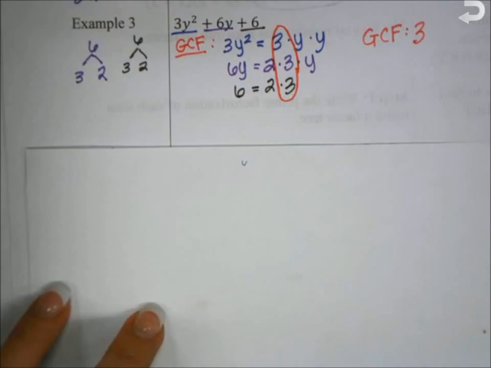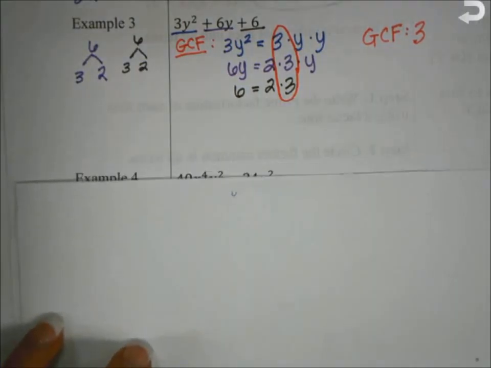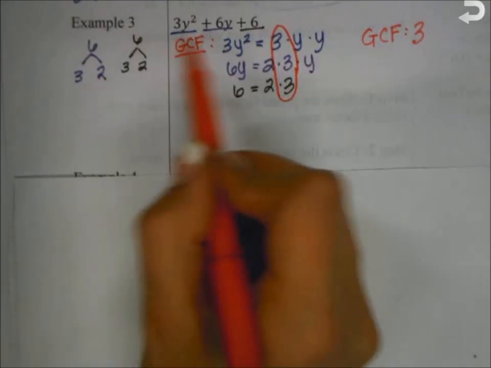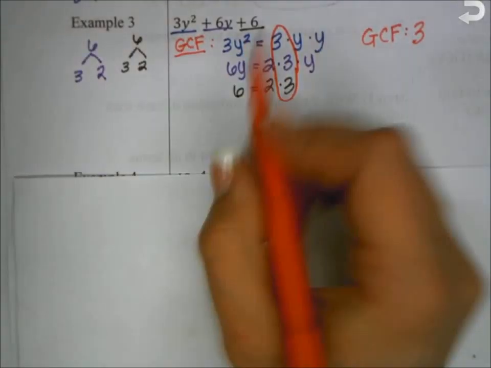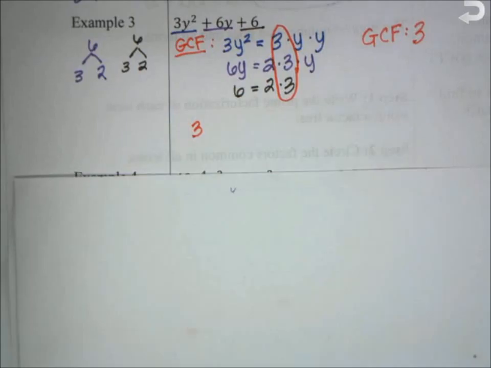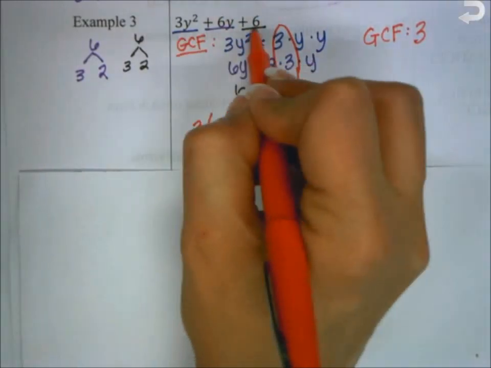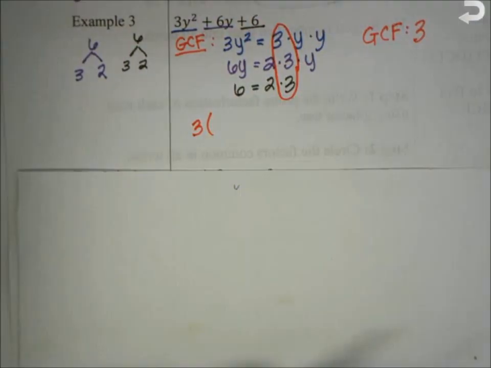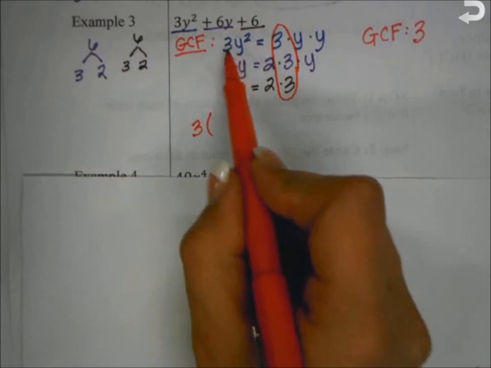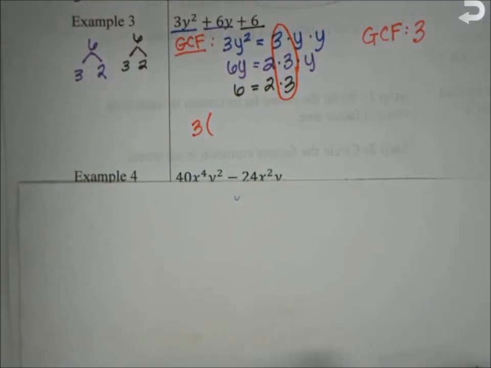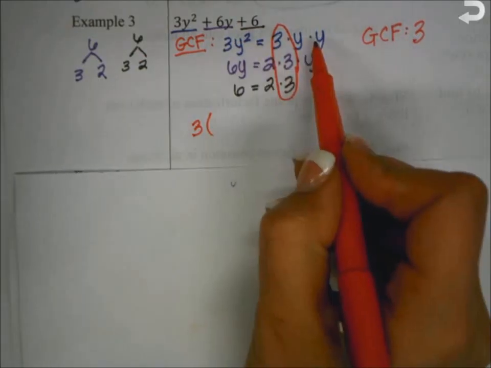So I want to take out the 3 from this original expression. If I pull out the 3, what's left over? An easy way to figure out what's left over is to look at what we did up here and what's not circled. So for the 3y squared, what's not circled? y times y.